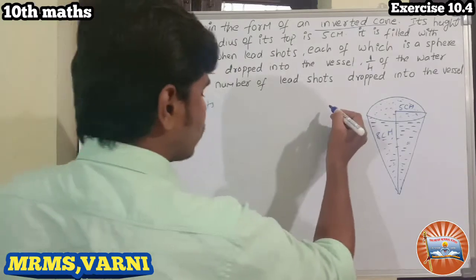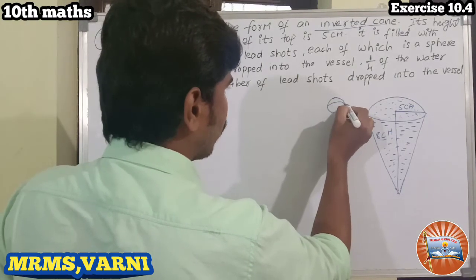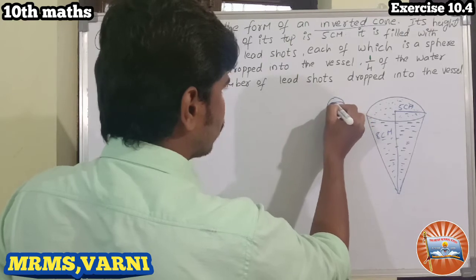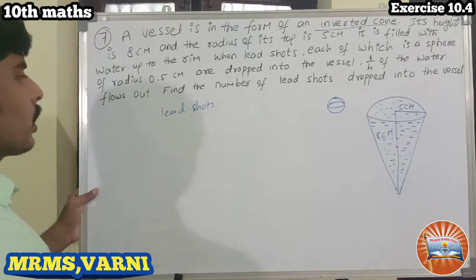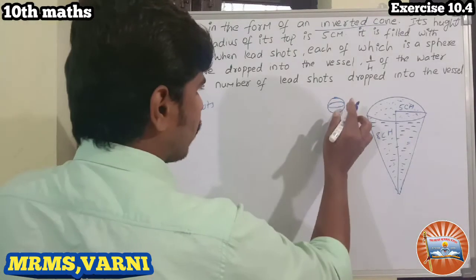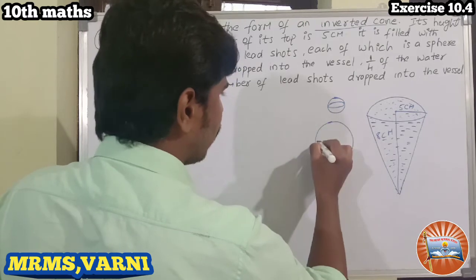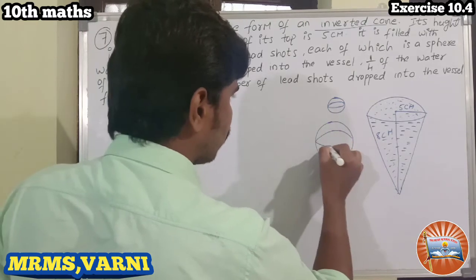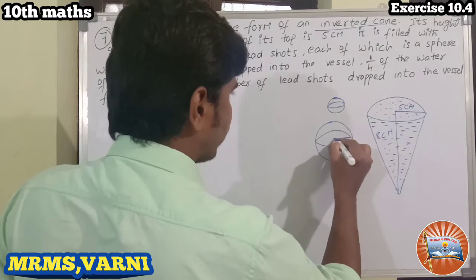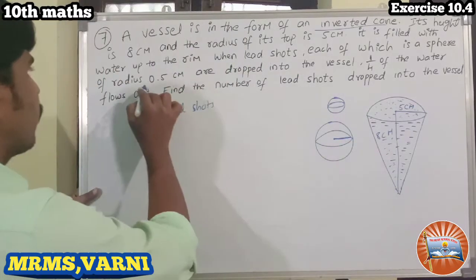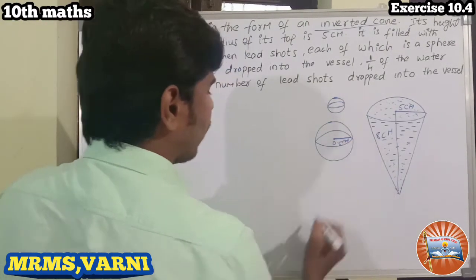So lead balls or lead shots are in the shape of a sphere, each of 0.5 centimeter radius.